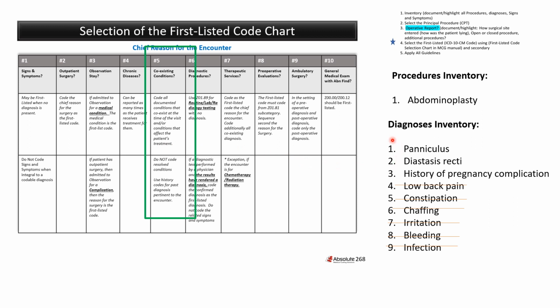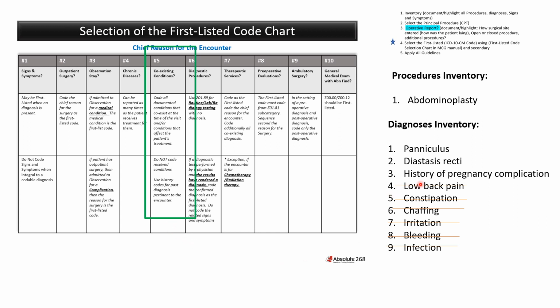So these two diagnoses both coexist. We know one is going to be first listed and the other will be secondary, and we're going to code both of them. Below that guidance, it says do not code resolved conditions. And below that, use history codes for past diagnoses pertinent to the encounter.